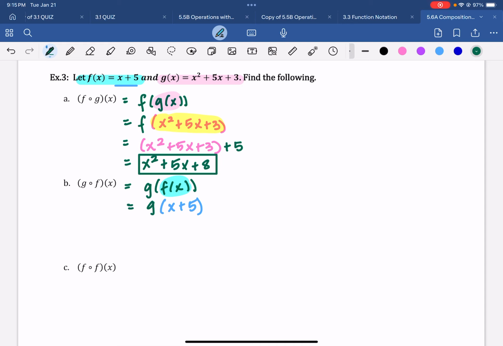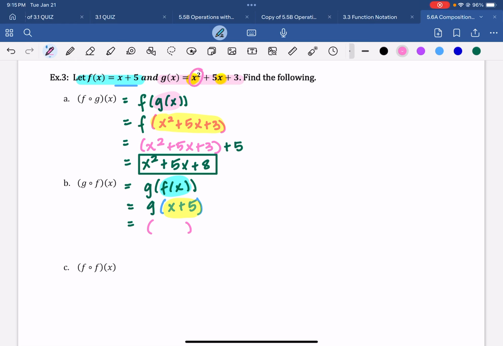But what that means is now I'm going into g, and everywhere I see an x, which I see one in the front and I see one in the middle, both of those are going to become this whole thing, whatever's inside the parentheses. So every time you see x on the g function, you're going to put parentheses instead.